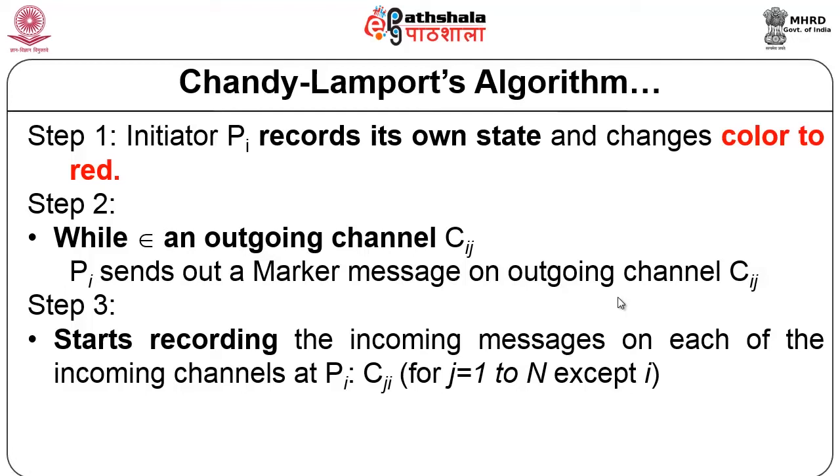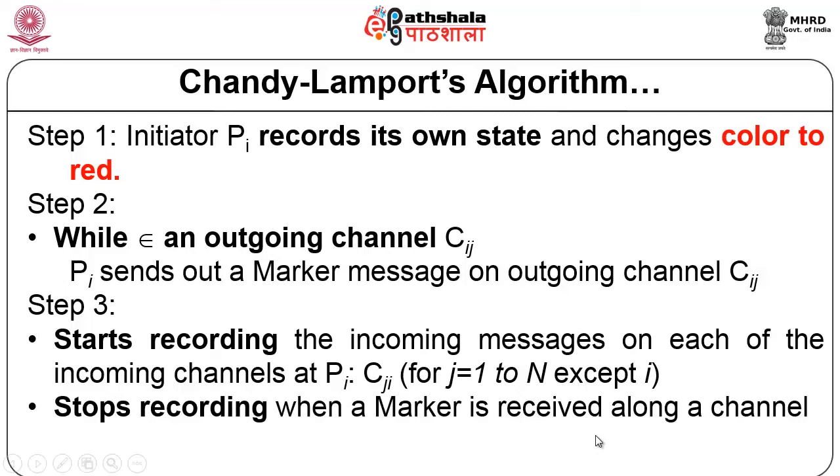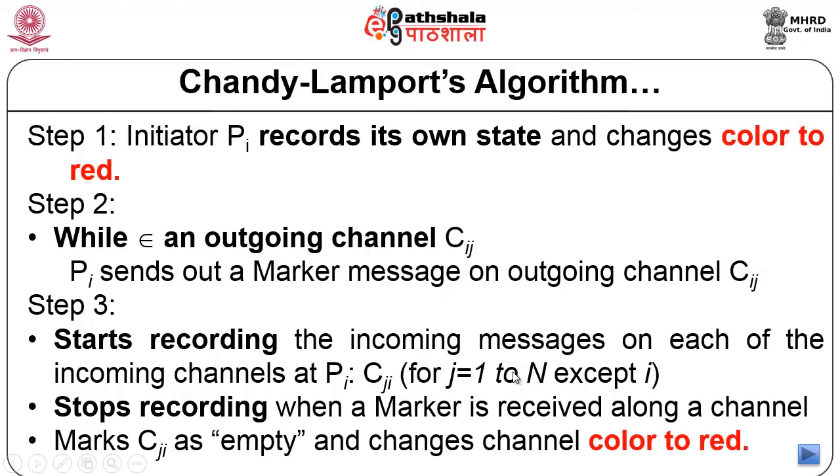We will stop recording a channel only when a marker comes through that channel. As soon as we have received the marker, we stop recording that channel and we change the color to red. So, let us quickly go through these steps once more.